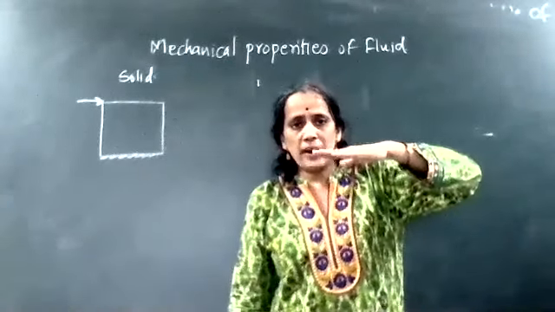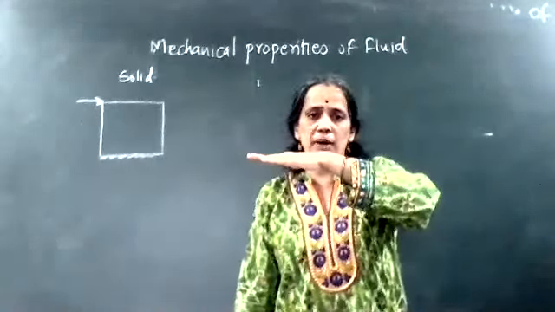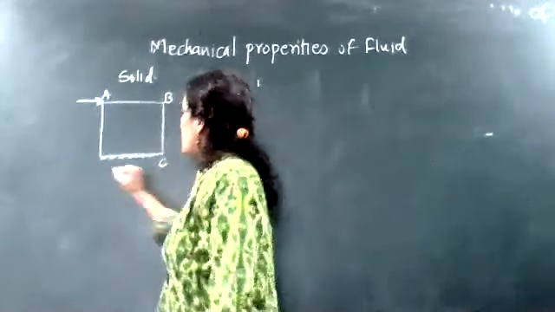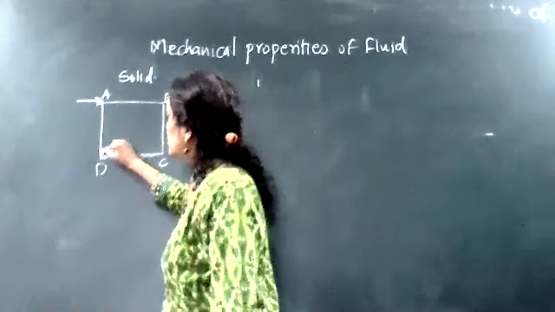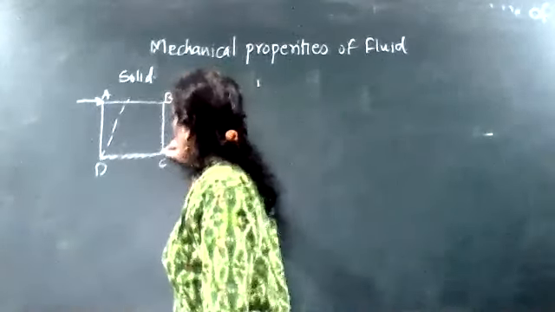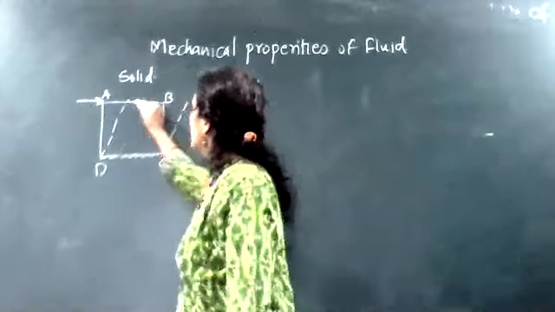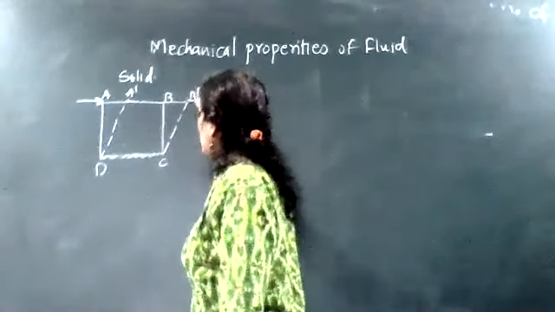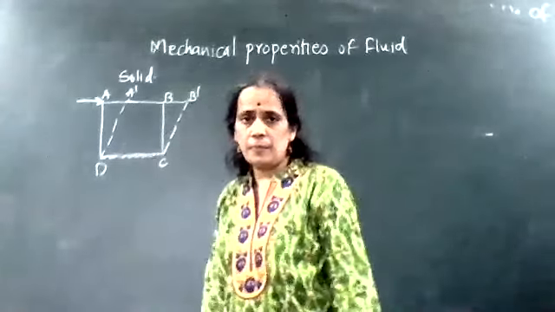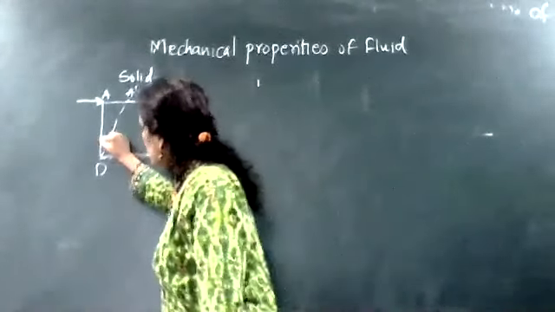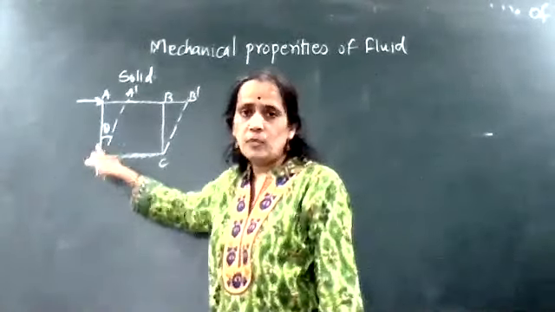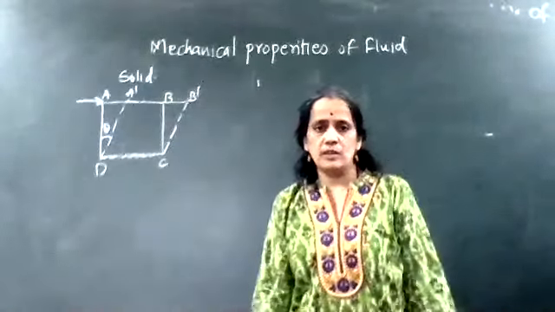When I apply a tangential force on the upper layer, the upper layer AB gets displaced. I get a parallelepiped shape, and the upper surface is shifted by a certain angle theta with respect to the fixed surface.